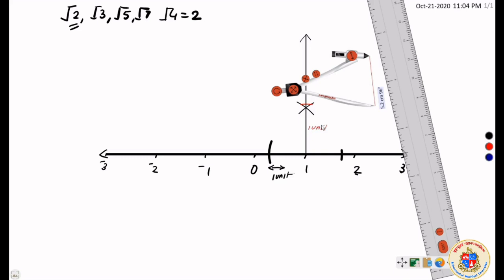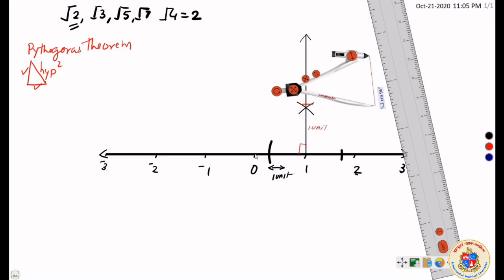Now comes the importance of Pythagoras theorem, which tells, or we have understood and applied, that in a right angled triangle, the hypotenuse square is equal to the sum of the squares of the other two sides. These are the other two sides. If we apply that theorem over here, here is a right angled triangle.